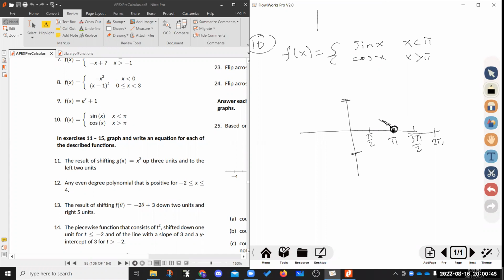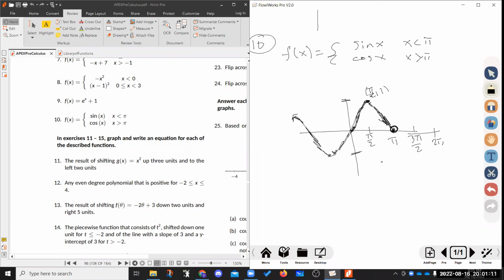Coming up to 1. Pi over 2, 1. Coming back down to 0. And then we've got just the regular sine graph over here. And it keeps going that way forever. So we've got that pattern continuing.